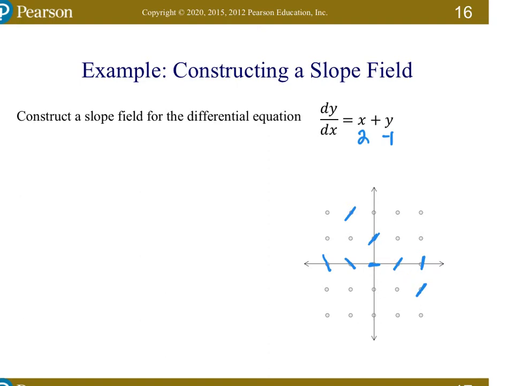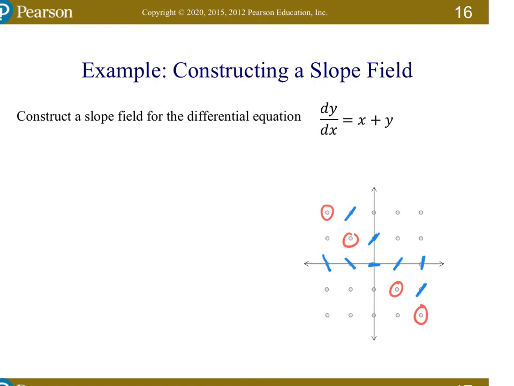Will that be true for other dots that are falling on a diagonal line? So what if we checked all of these values? Well, that would be checking values like (-2, 2), (-1, 1), (1, -1), (2, -2).